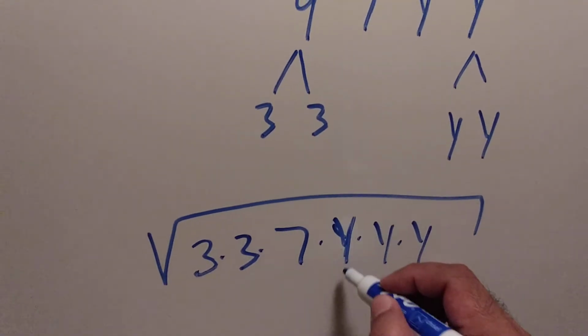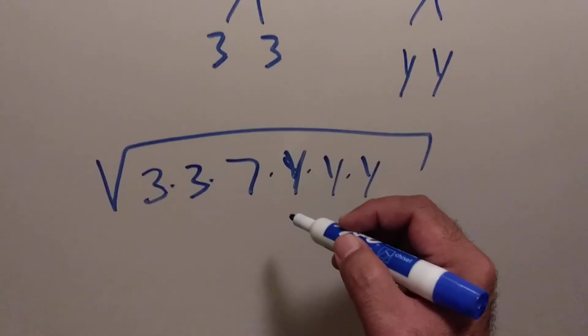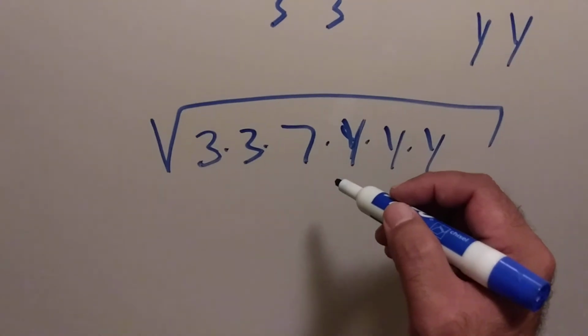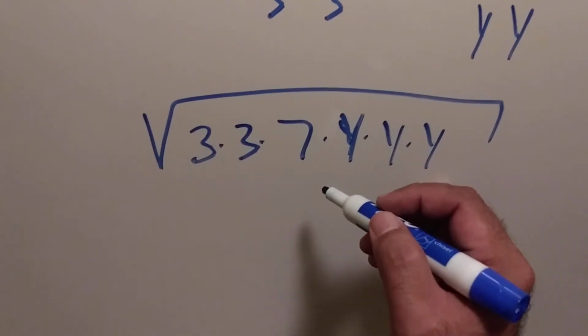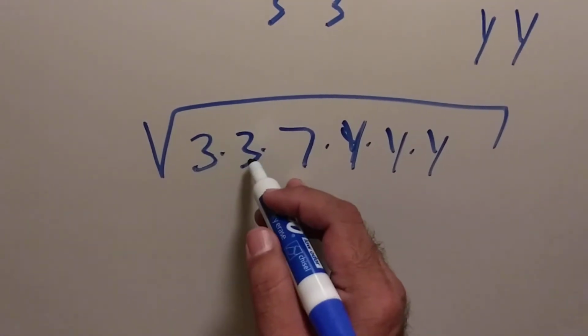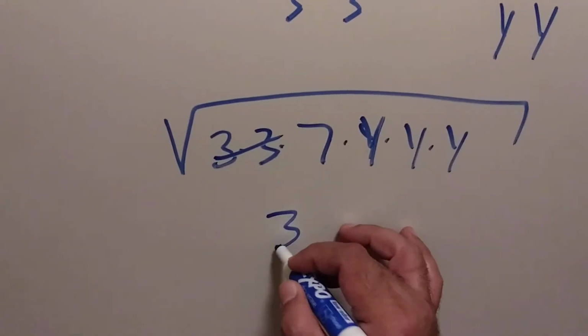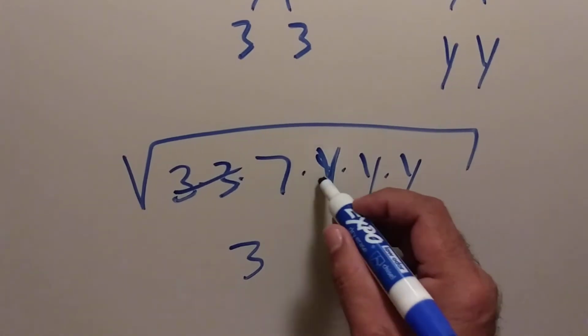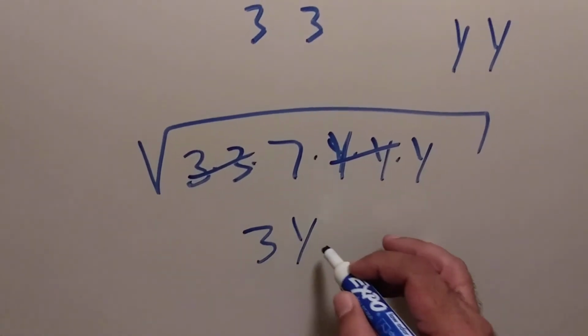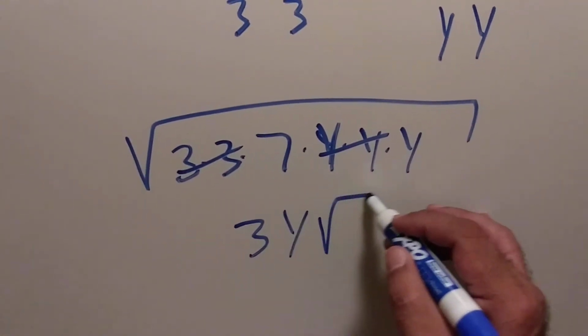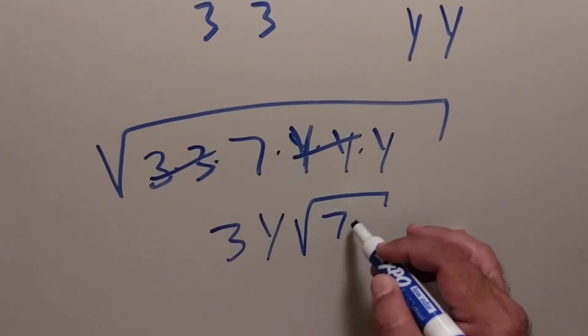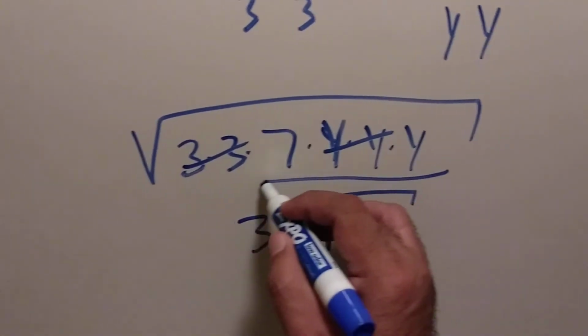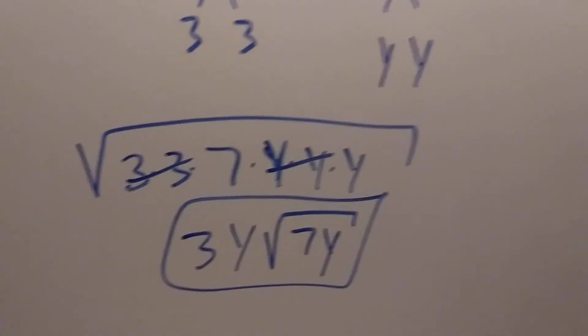Again, for every two of the same number or the same variable, one is going to come out. So with the two threes, one comes out. We only have one 7, that stays in there. We have two y's, one of them is going to come out. So our answer would be 3y times the square root of 7y, and that is our answer here.